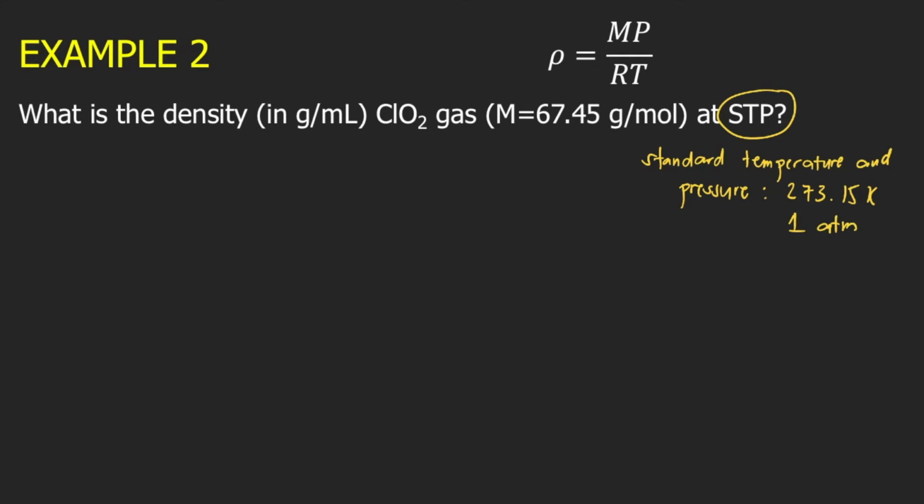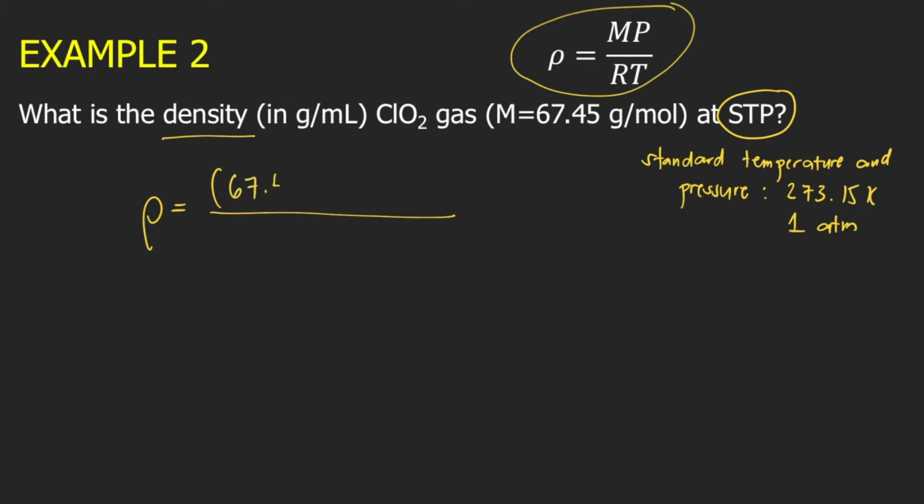Okay. The question is asking for the density. So we will be using this formula again. Density is equal to MP over RT. M is the molar mass, which is given in the problem, 67.45 grams per mole. P is the pressure, and the condition is standard temperature and pressure.